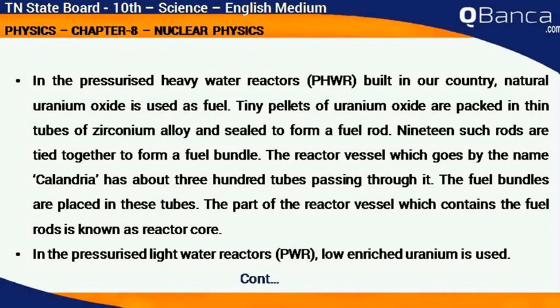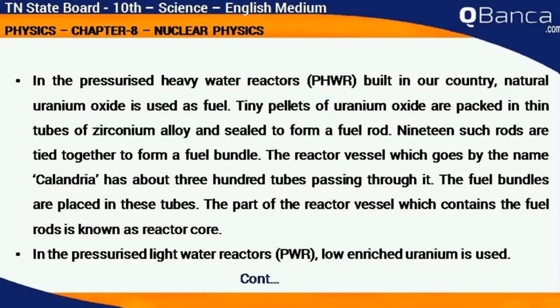The reactor vessel, which goes by the name calandria, has about 300 tubes passing through it. The fuel bundles are placed in these tubes. The part of the reactor vessel which contains the fuel rods is known as the reactor core.